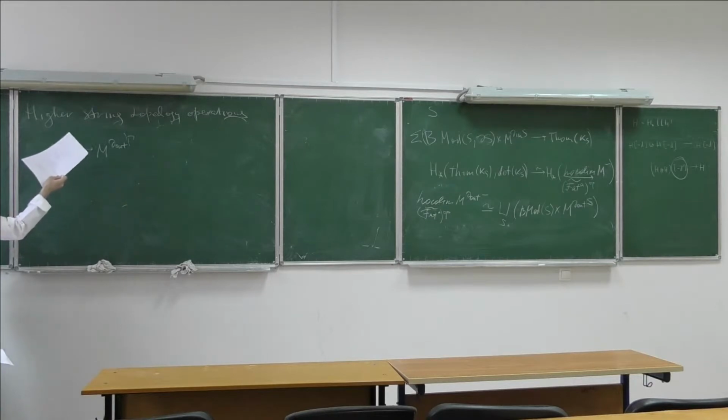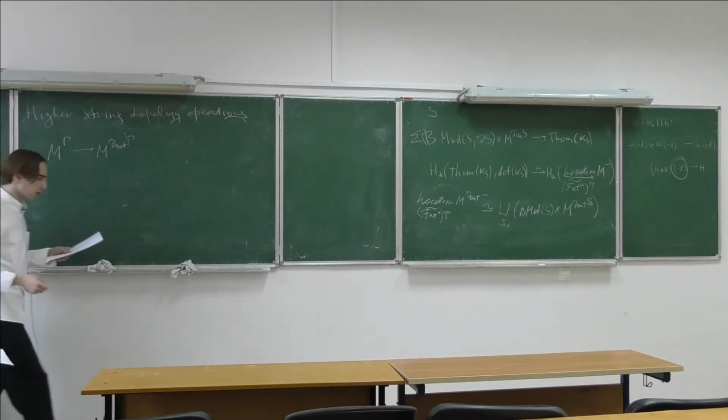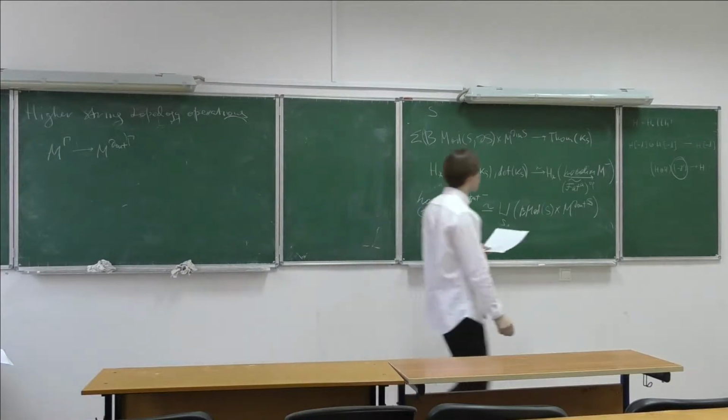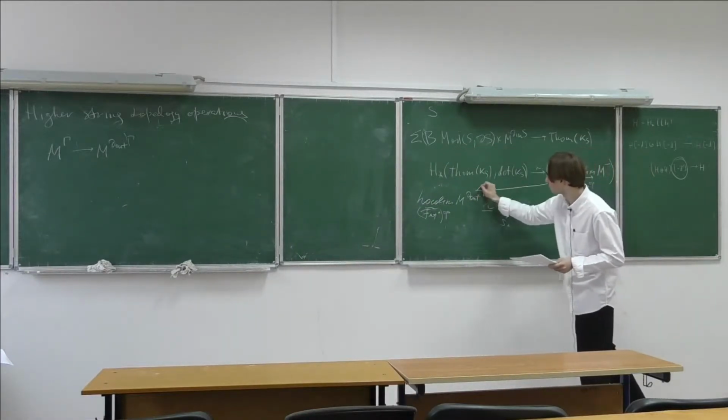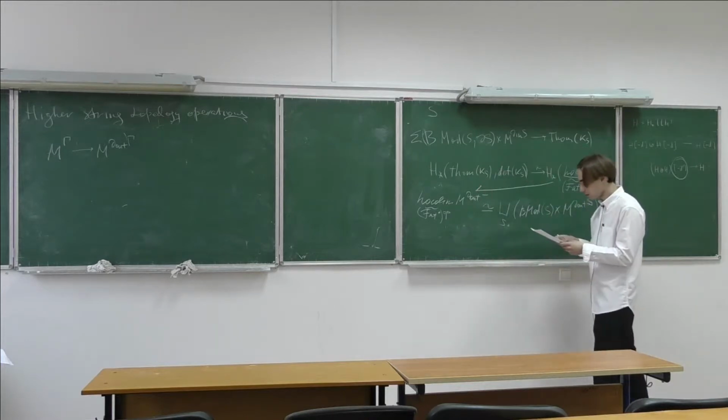Here we just take a fat graph and restrict the map onto its outgoing boundary, which gives a map between these spaces.